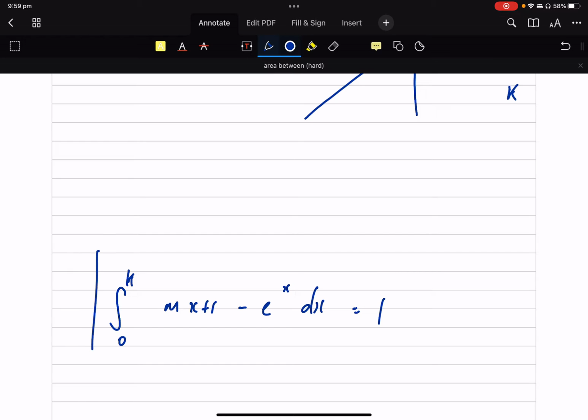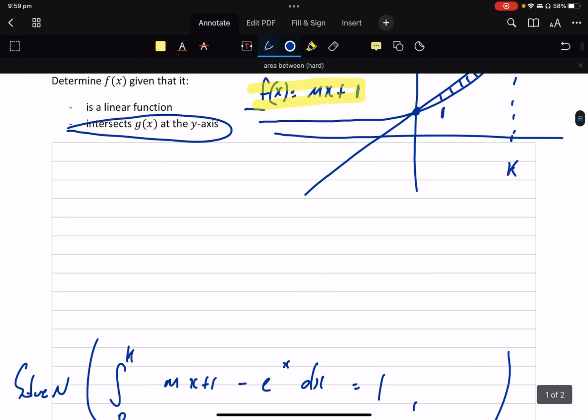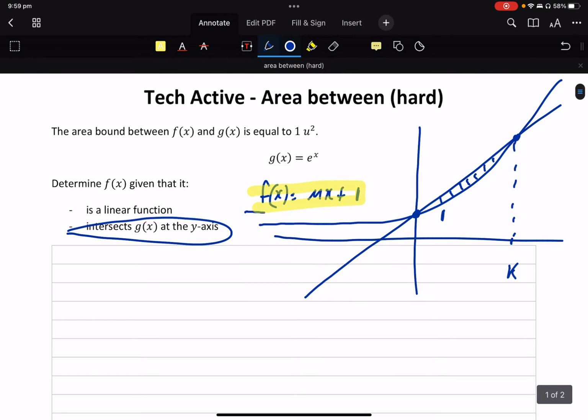Clearly we cannot put that into nsolve yet because we've got two variables. We don't know whether we're going to solve for m or k, ideally m, but let's just see how we go.